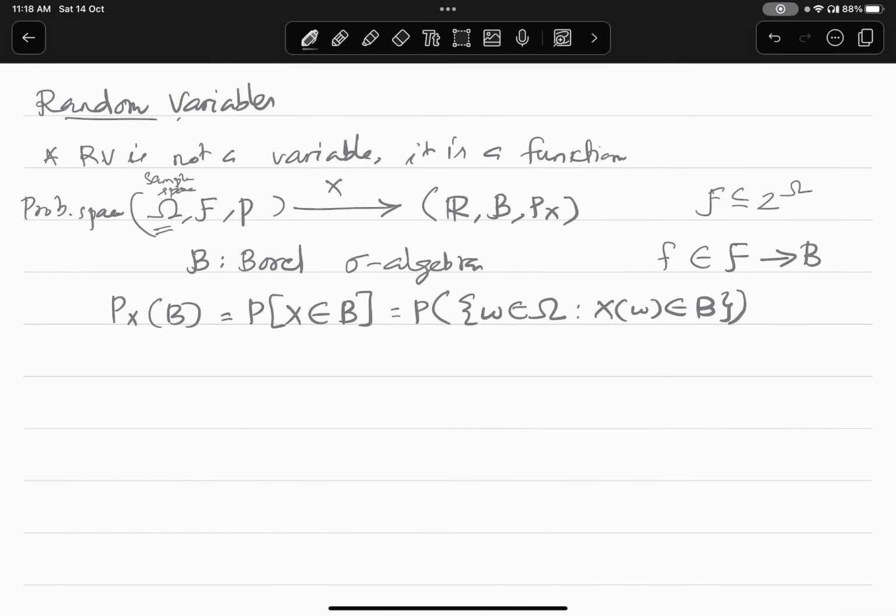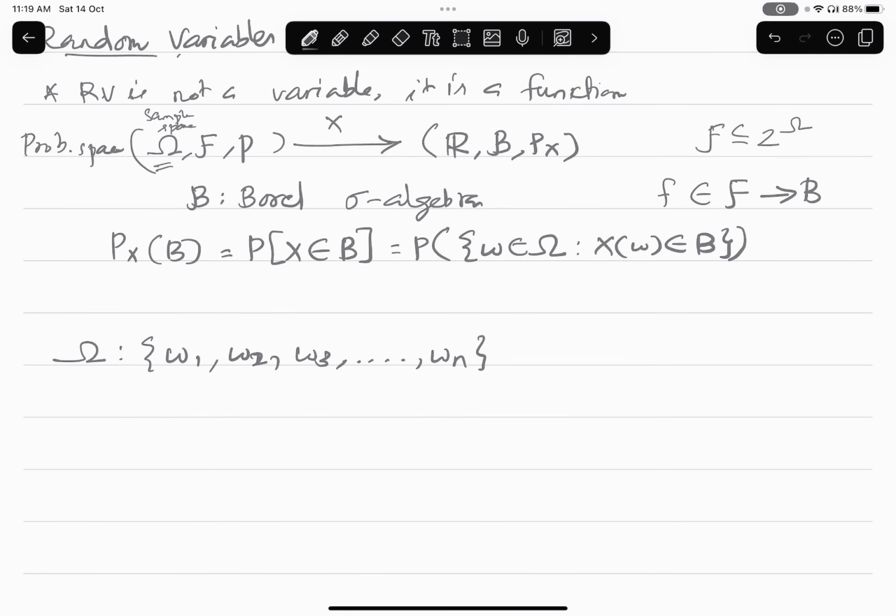But what we need to understand is, let's do something very basic. Suppose we have a sample space. It has a set of omegas. These omegas are all the possible outcomes. An event F can be constructed by taking a combination of these outcomes.